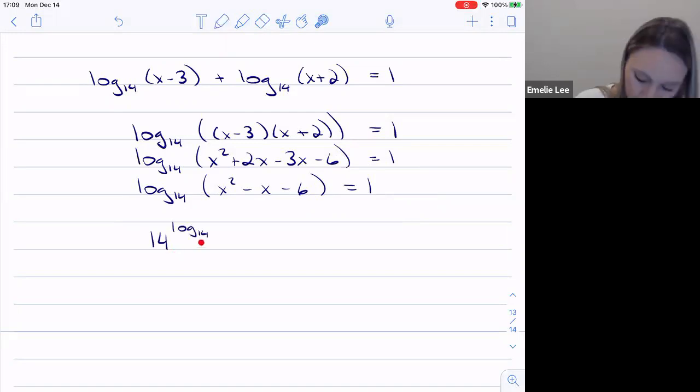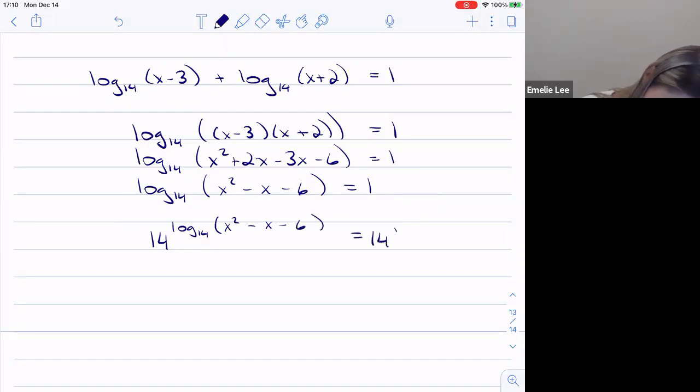Right, and I only chose 14 because it's the base. X squared minus x minus 6 is 14 to the power of 1, making sure that you do it on the right-hand side too. That's probably the number one mistake people make.